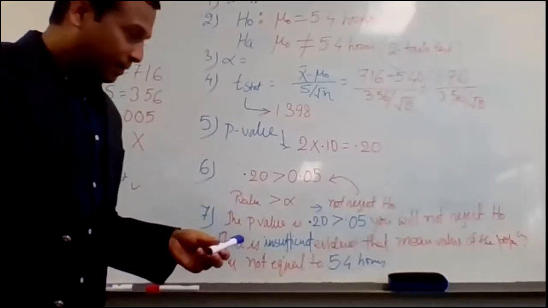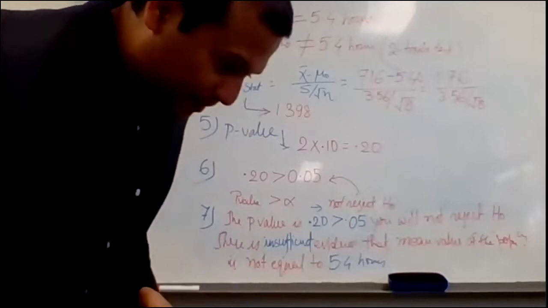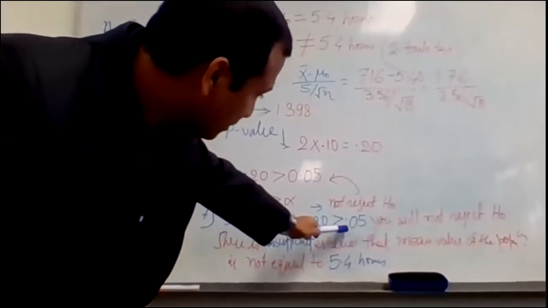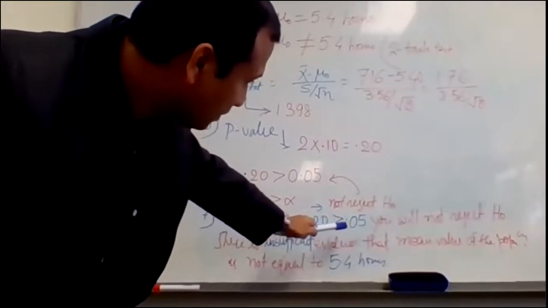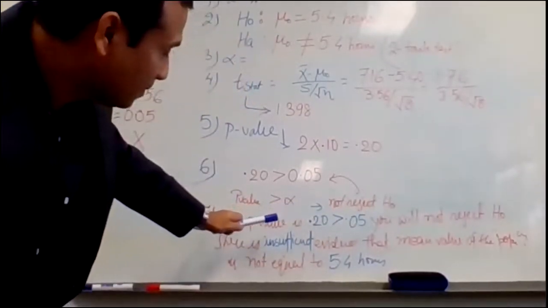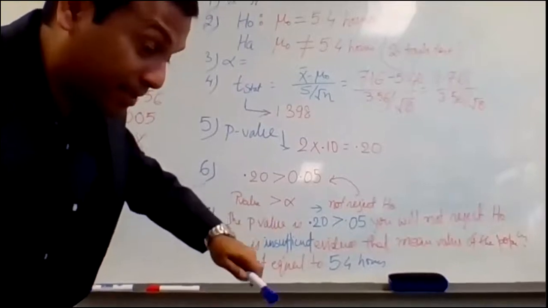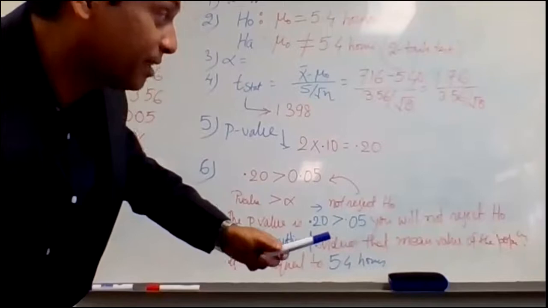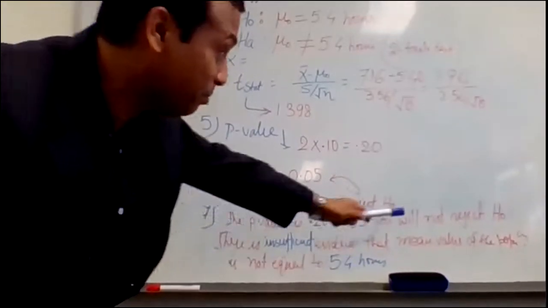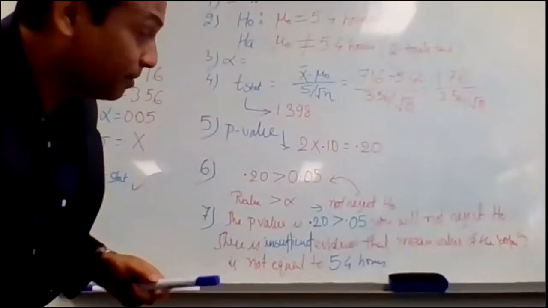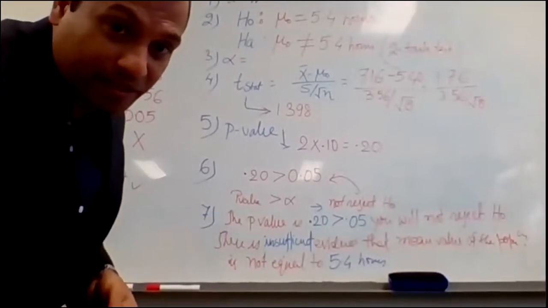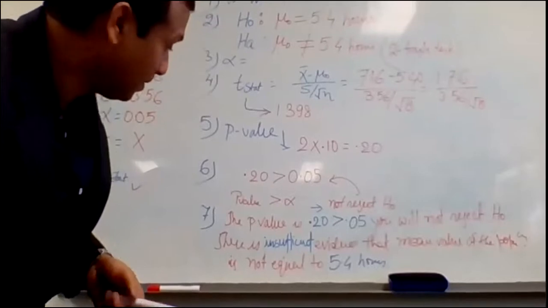So the conclusion is the p-value is greater than 0.05, so we will not reject the null hypothesis, H naught. That is important. Then the next sentence, could you please go ahead?